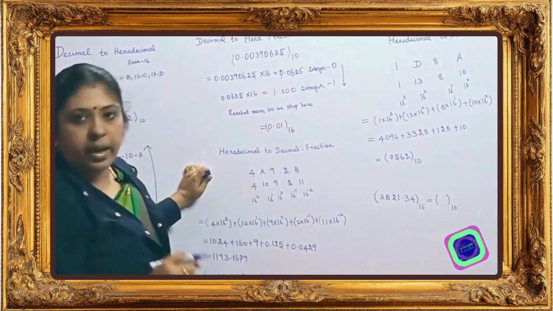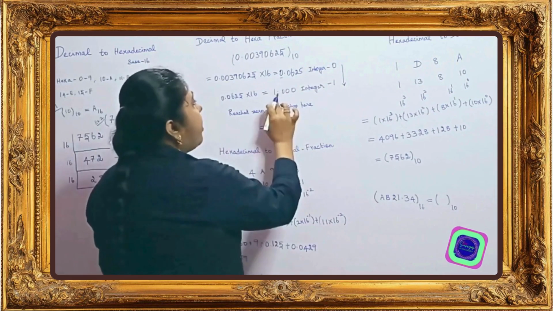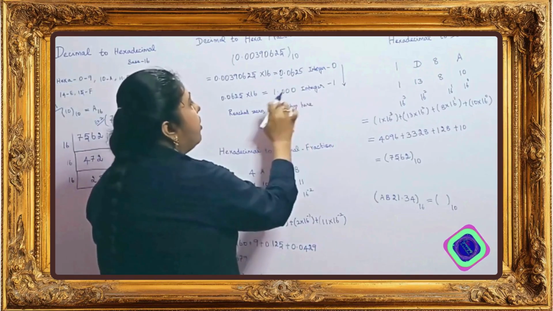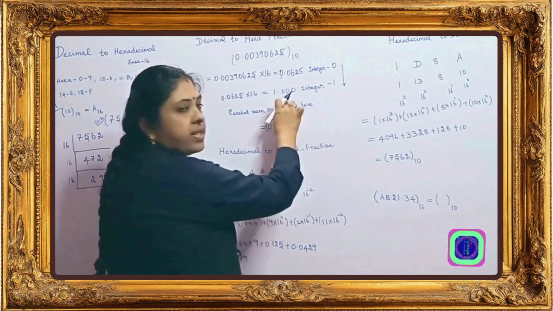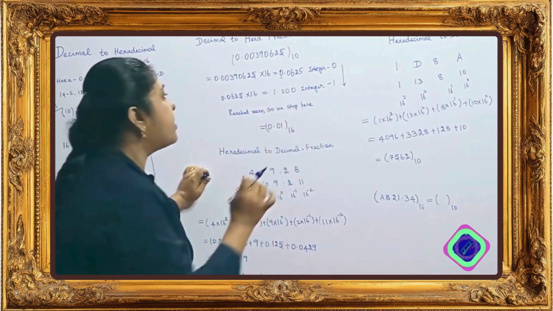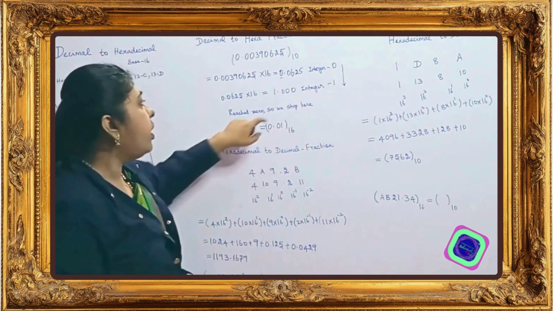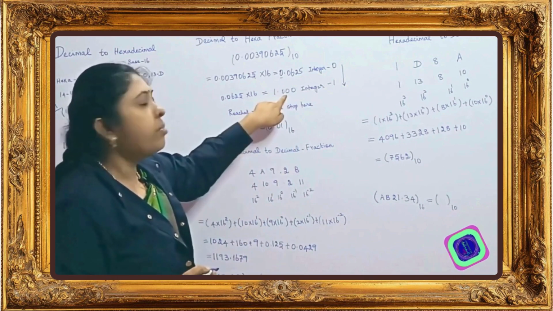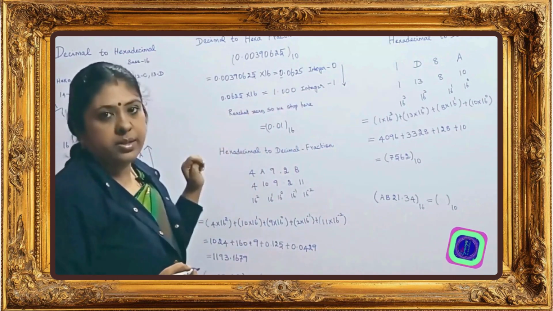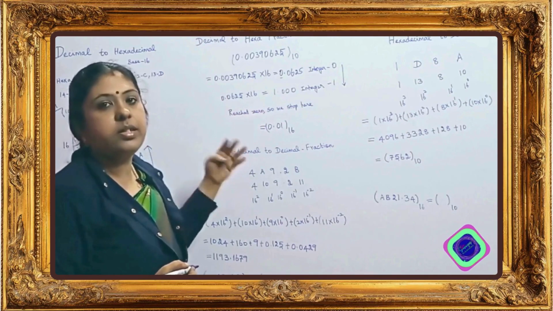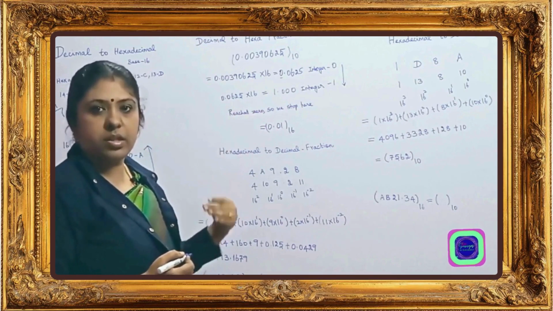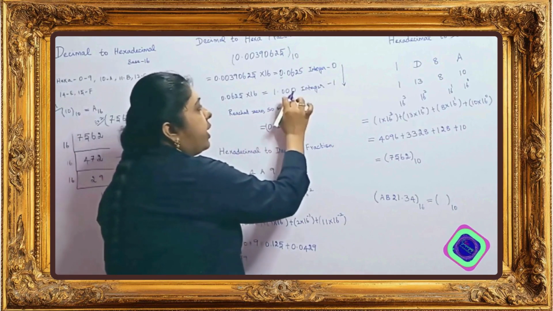The fractional part is again multiplied by 16. Here we reach the value 1, with integer part as 1 and the fractional value as 0. When the fractional part reaches 0, we can stop here, because for the next iteration we would multiply 0 into 16, and we will continuously reach 0 only.